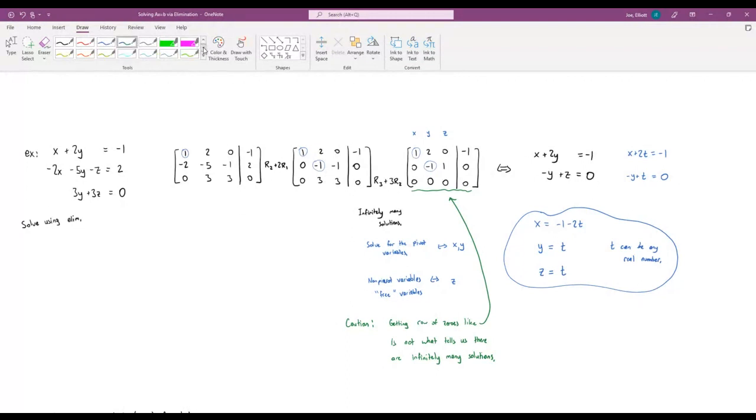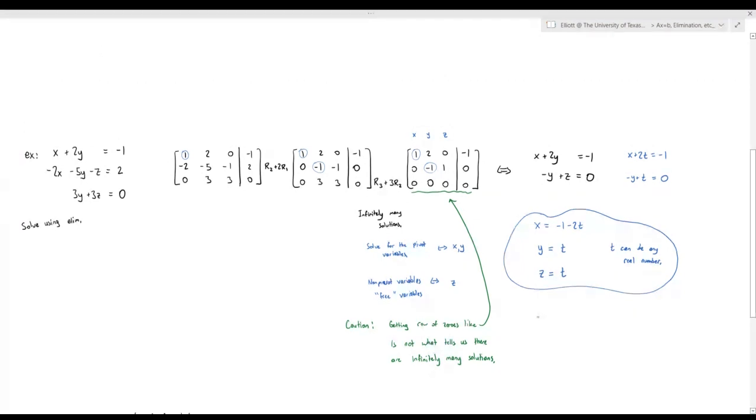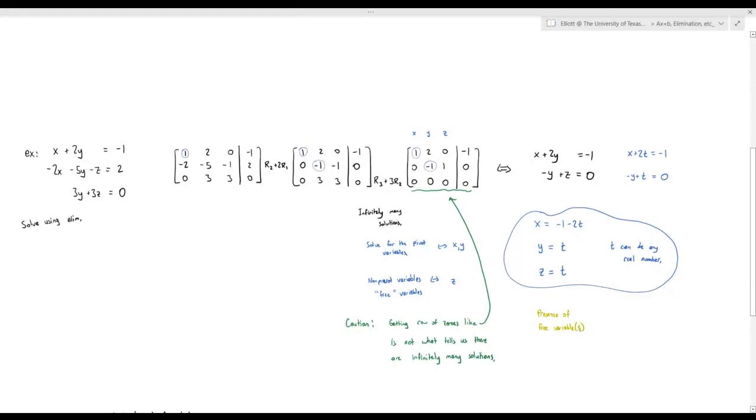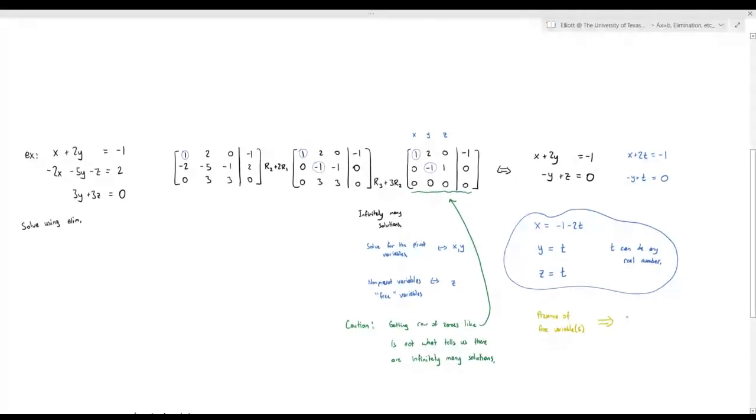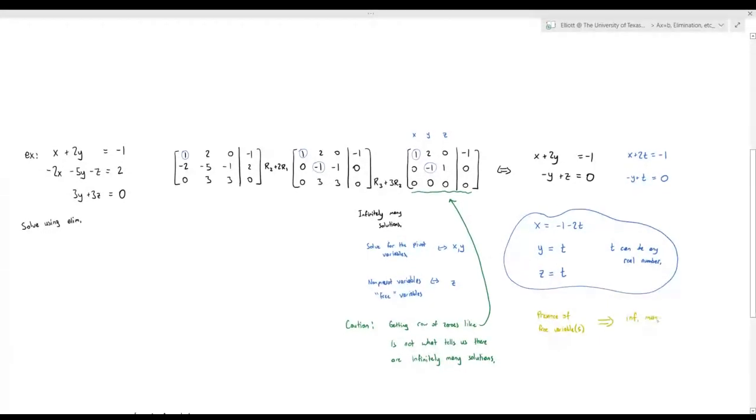Okay. Let's maybe change color real quick. So it's really the presence of having free variables. That is what actually tells us that we're going to have infinitely many solutions.